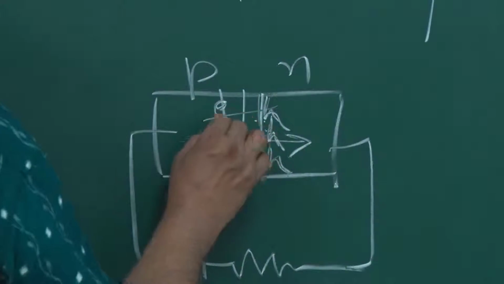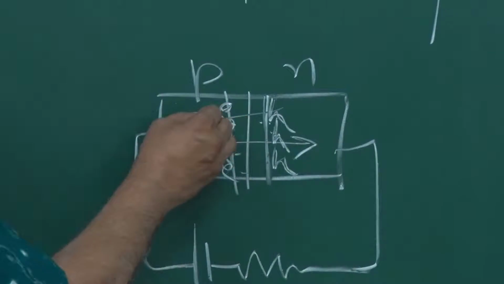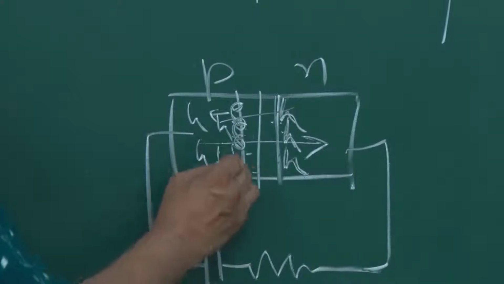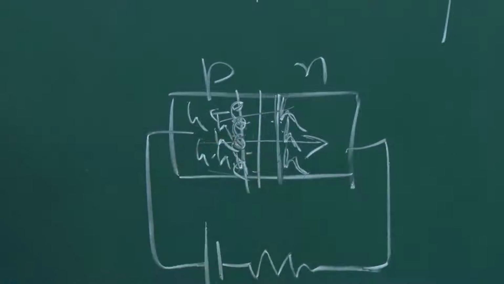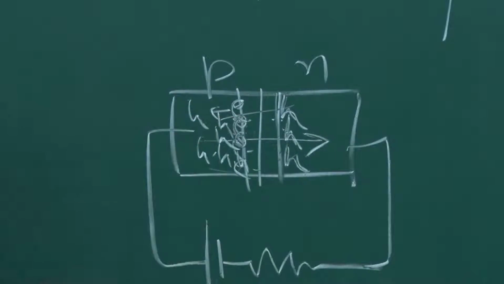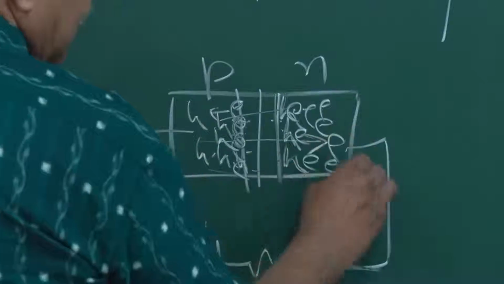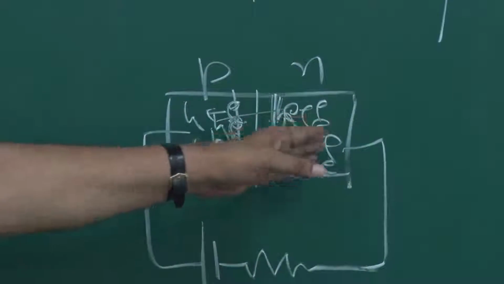These are now minority carriers on this side, this is the P side, and then when they drift, you have lots of holes here, and you will have every chance of hole electron recombination. There are a lot of electrons here, and therefore you will have a chance of electron hole recombination.